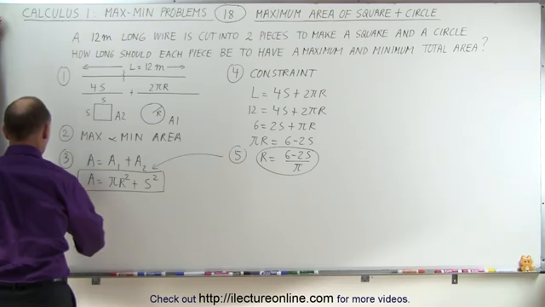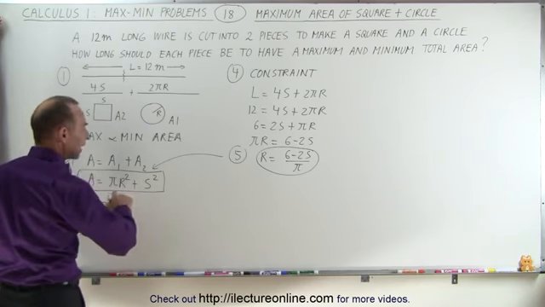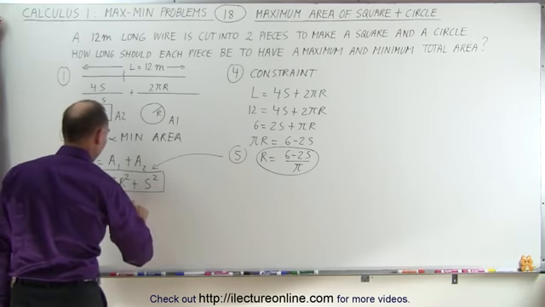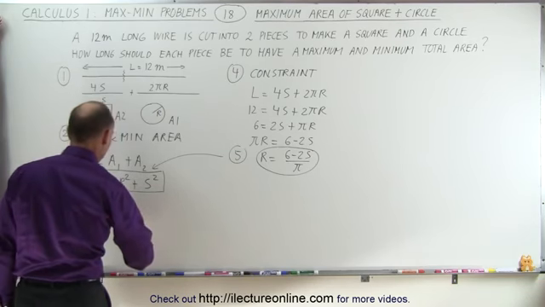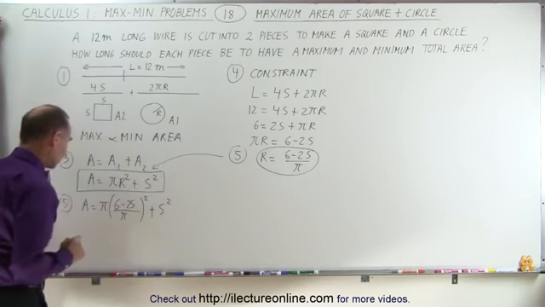So for step number 5, we get the area is equal to pi times the radius squared, which is 6 minus 2s divided by pi quantity squared, plus s squared.